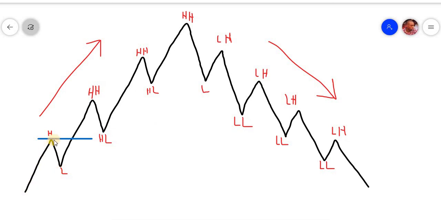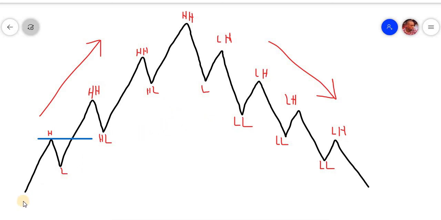And these lines are the swings. So the swing highs and the swing lows are actually the turning points. When the turning point is on the upside, we refer to it as a swing high, and when the turning point is below, we refer to it as the swing low.